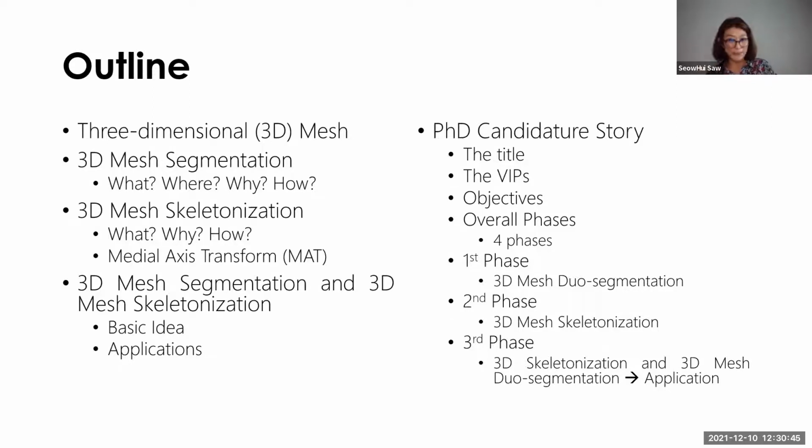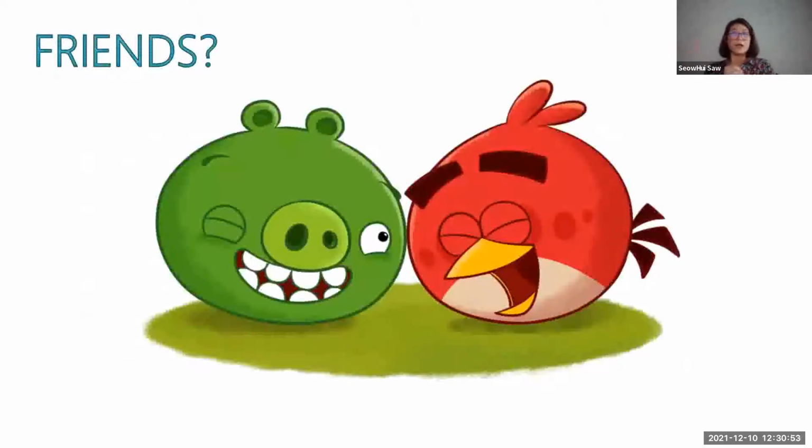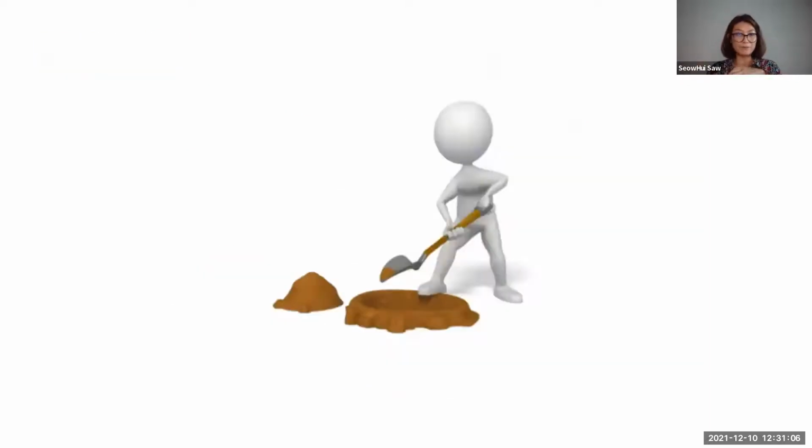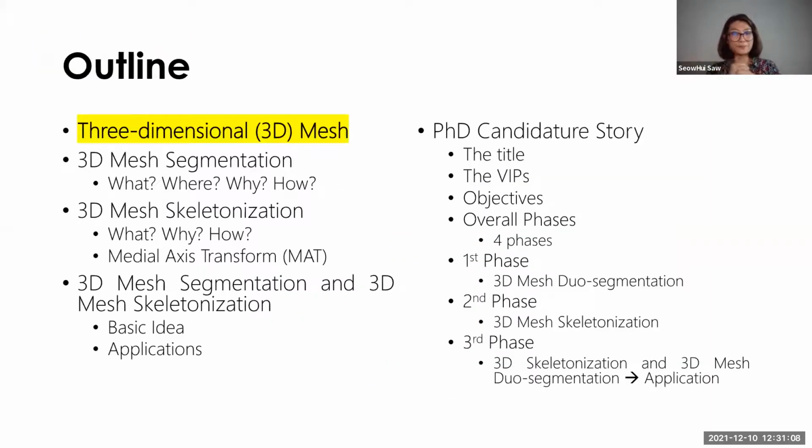Will they become enemies? And finally, I would like to share my story regarding my PhD candidature period. So let's get started. Like what I have mentioned just now, if we brought these two terms of segmentation and skeletonization into the boxing ring, will they become friends or will they become enemies and fight each other? Now let's dig in further.